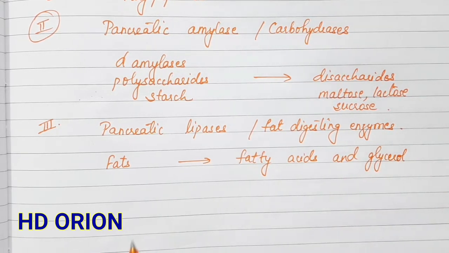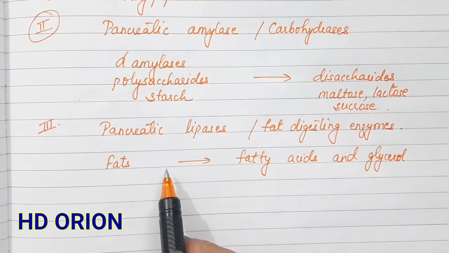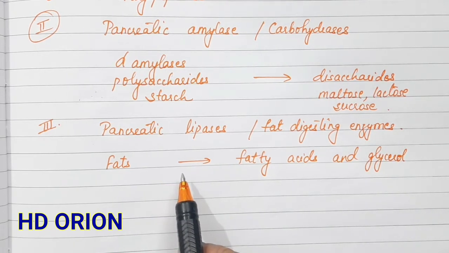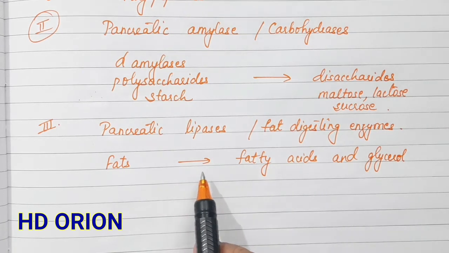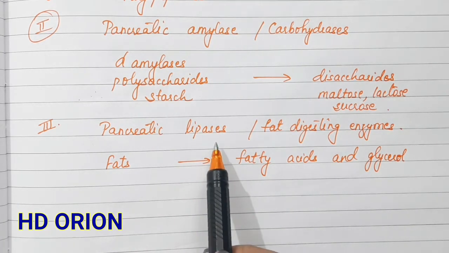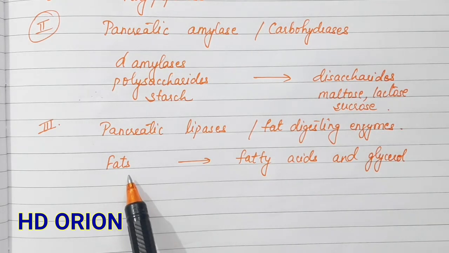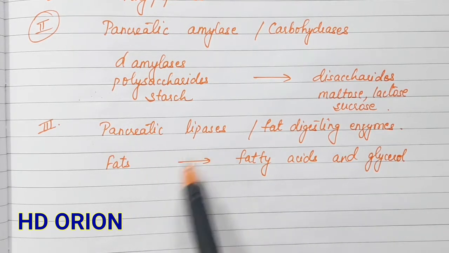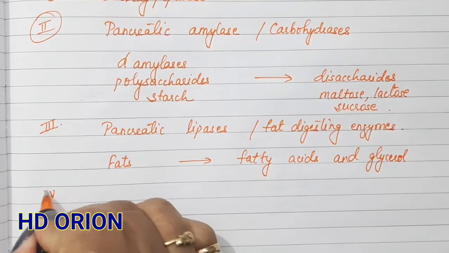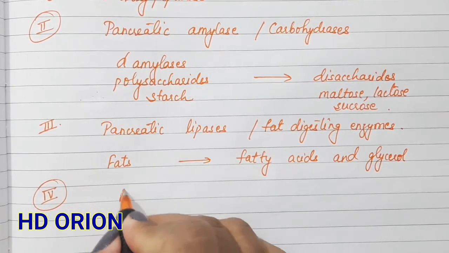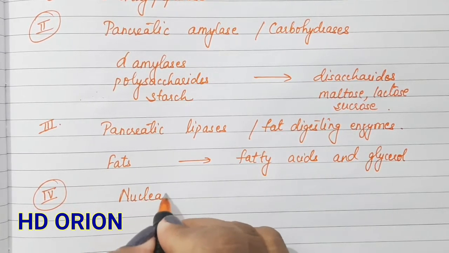The major fat digestion takes place here. Some lipase is also produced in the stomach, which we call gastric lipase, but that is not functioning well. The action is very mild, and therefore the major fat digestion takes place in the intestine, that is by the pancreatic lipases.